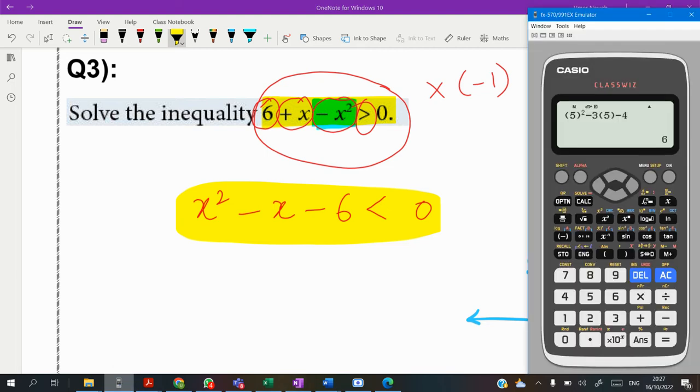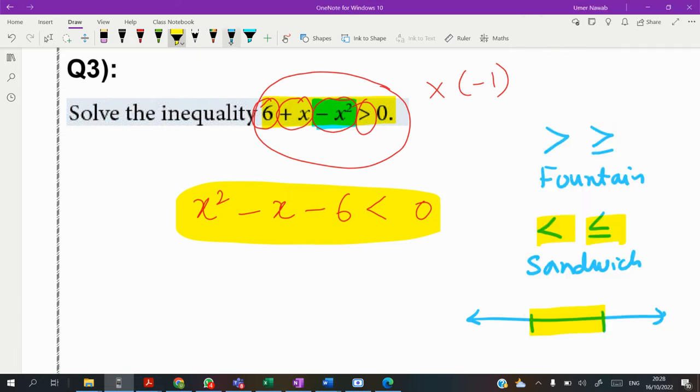Let me try to get the answer here by using the equation mode. Polynomial degree 2, enter 1, enter -1, and then again I go to -6. It gives me 3 and -2.